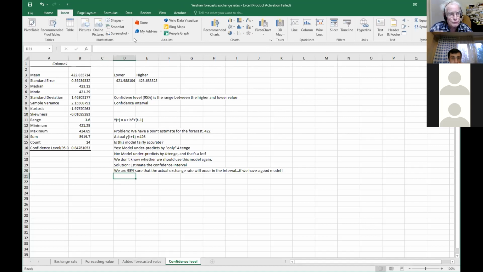So what we will do to gauge the accuracy of our model is to check on whether or not the forecasted exchange rate occurs within that interval.